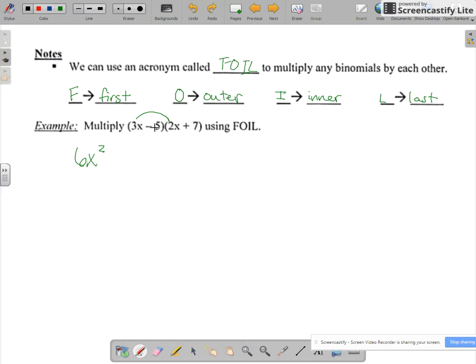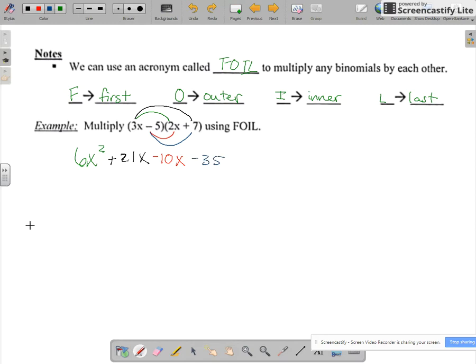Then we multiply our outers, 3x times 7, which is 21x. Then our inners, negative 5 times 2x, so minus 10x. And then lastly, our lasts, negative 5 times 7, which is negative 35.